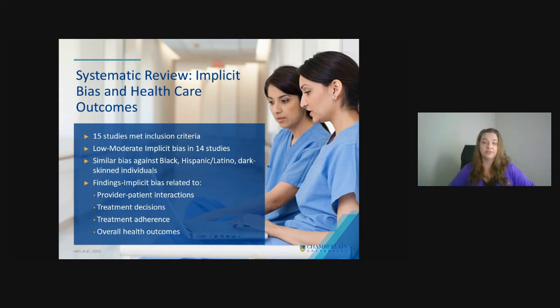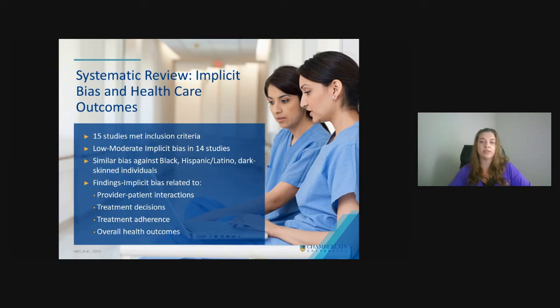This study yielded 15 studies, so they're looking at other research that's been done. They found low to moderate implicit bias in 14 of the studies. Most of the studies used the Harvard Implicit Association Test to measure implicit bias. That finding is consistent with the general population according to Project Implicit.